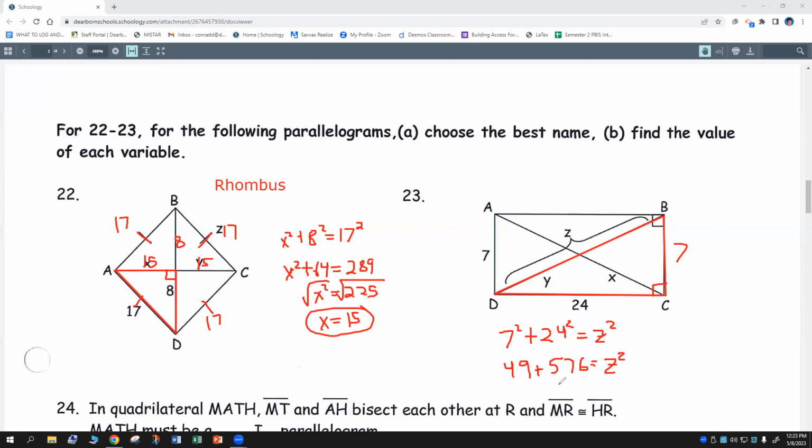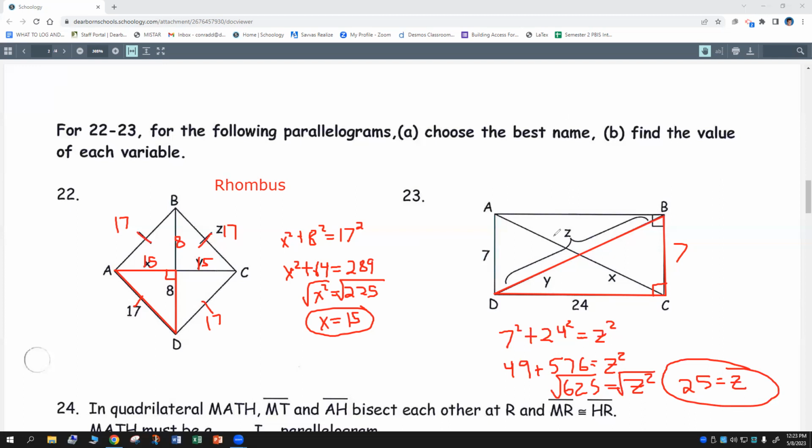Add them together, then you get 625. Take the square root of both sides, and you get plus or minus 25 equals z. We're just going to take the positive version, right?